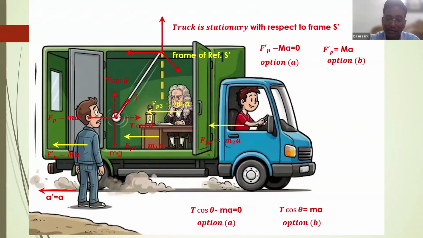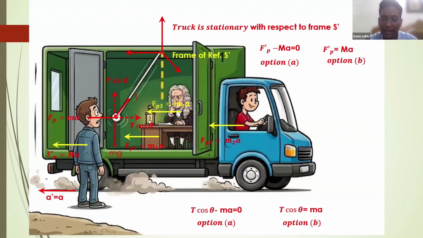What other force is working on the man? Normal force. Gravity and normal force cancel out each other. But in the x direction, no force is acting. Only this pseudo force is acting.